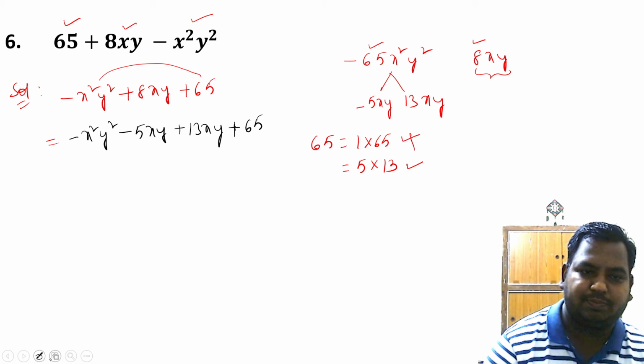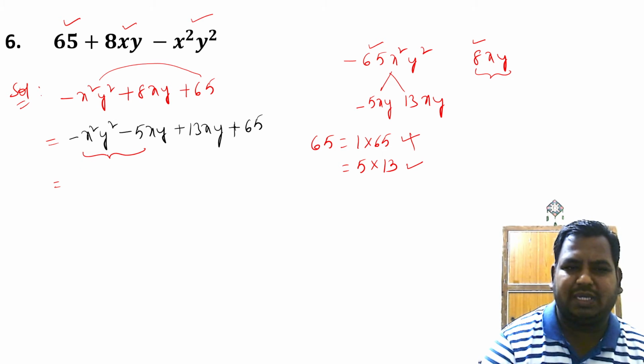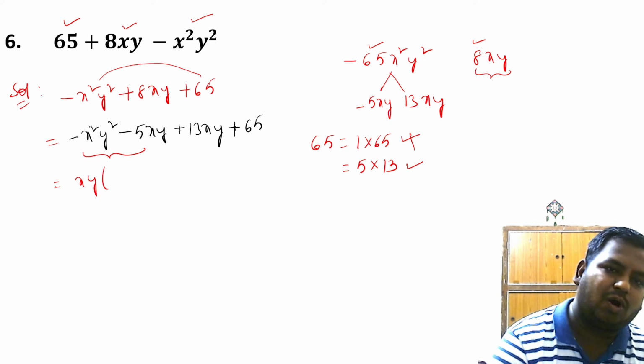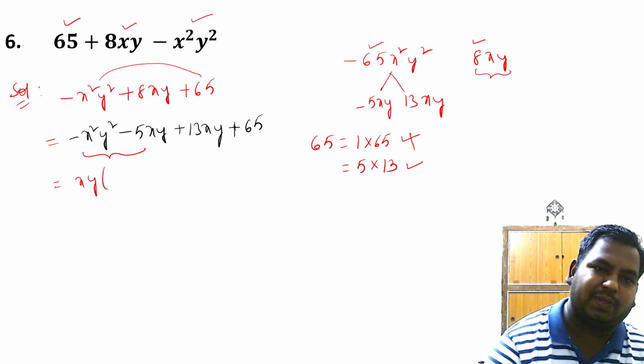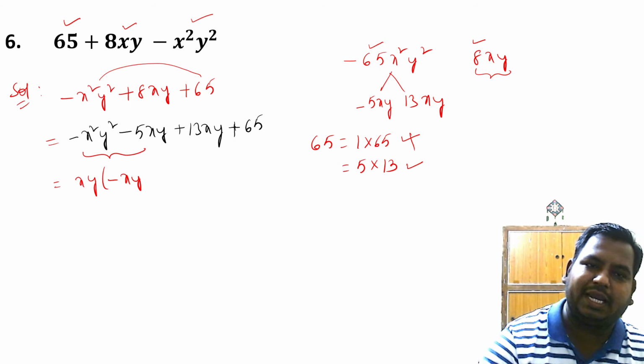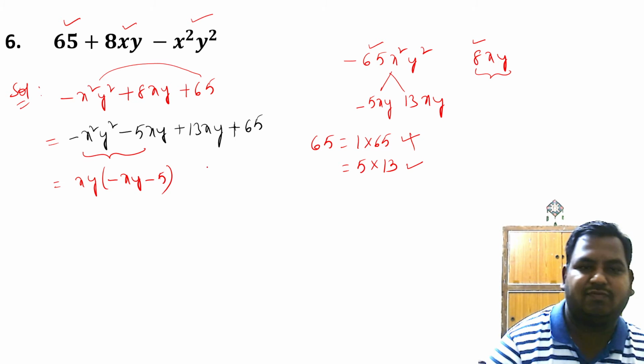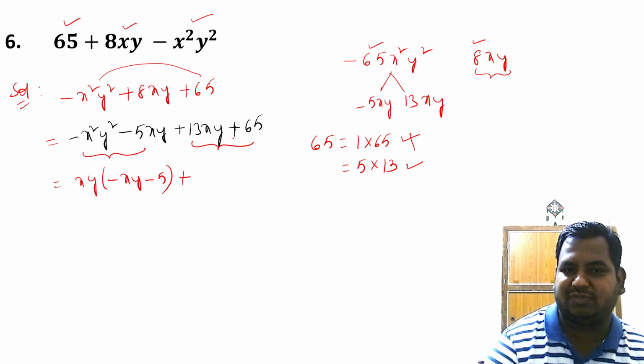From the first two terms, I can take xy common. xy into what is minus x square y square? It's minus xy. xy into what is minus 5xy? It's minus 5. We'll close the bracket. Plus, we have 13xy plus 65.